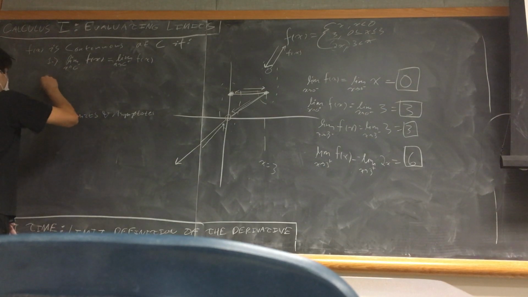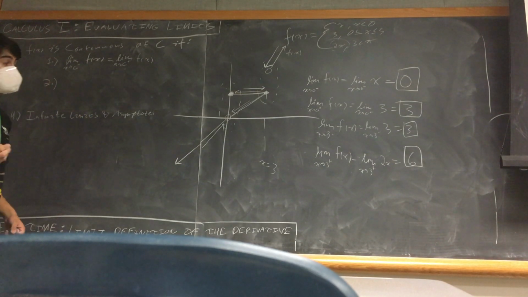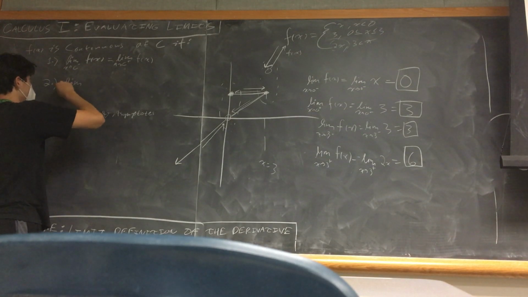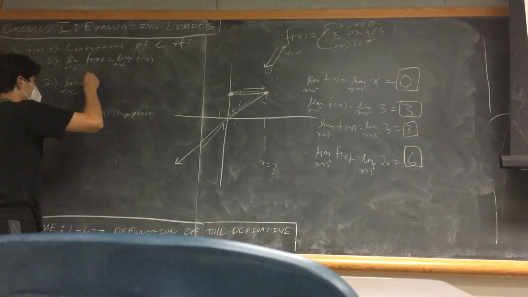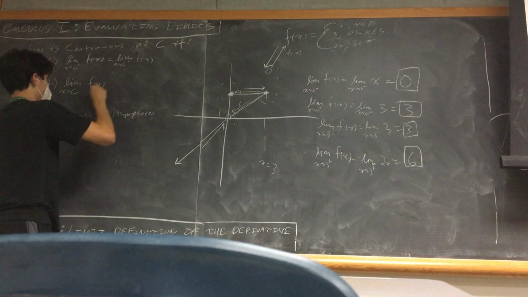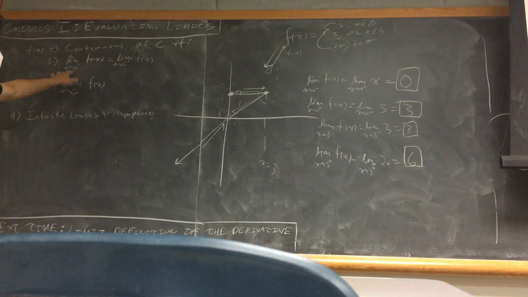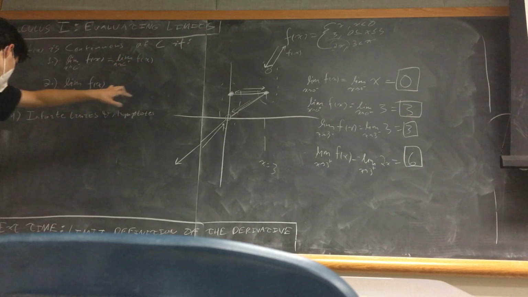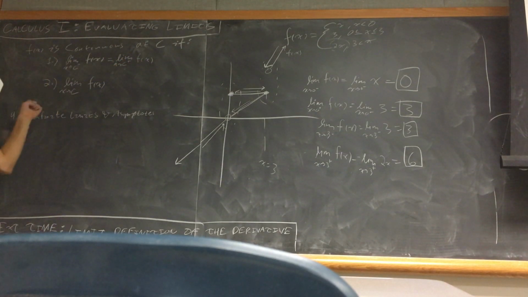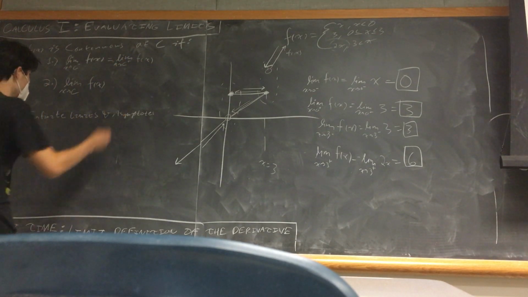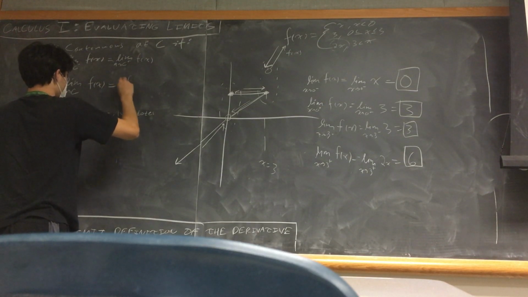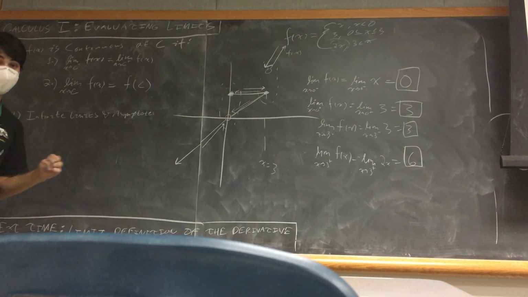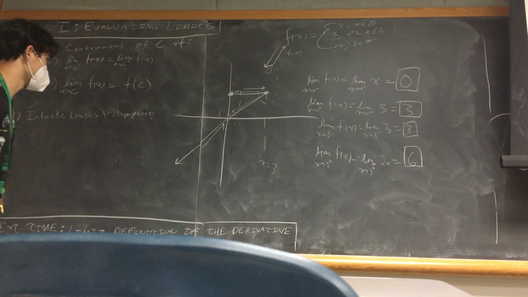So we have another condition for continuity. If the limit as x approaches c from the left is equal to the limit as x approaches c from the right of f of x, then we say that the limit as x approaches c of f of x does exist. If this is equal to f of c, then the function is continuous.